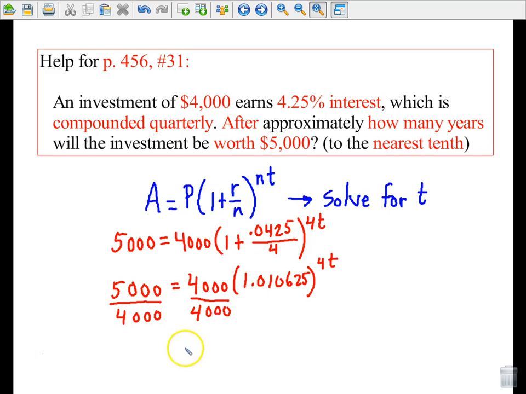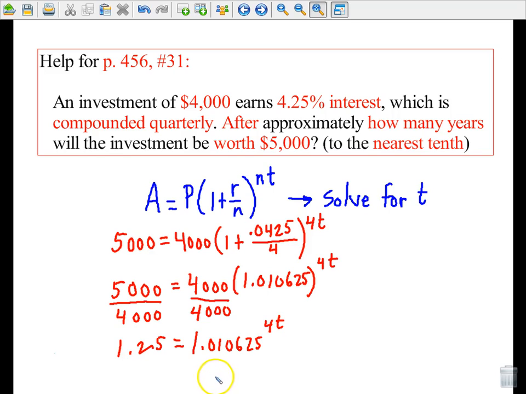So I'm going to divide by 4,000 on both sides. And to save a little bit of time, you could do 5,000 divided by 4,000, but it's 1.25 is equal to 1.010625 raised to the 4t power.